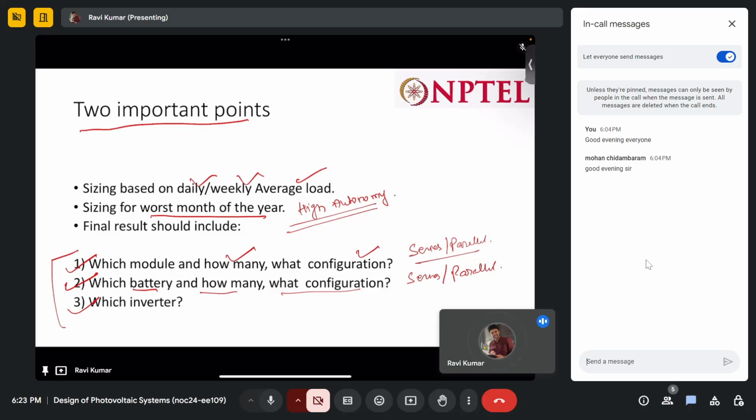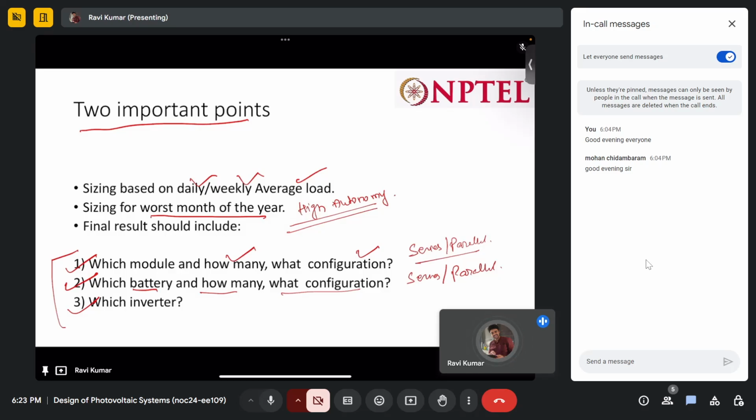So you should know which module you need to buy, how many modules you need to buy, and in what configuration you need to connect them. For the battery, same: you need to know which battery you require, how many batteries you require, and how you will connect them.